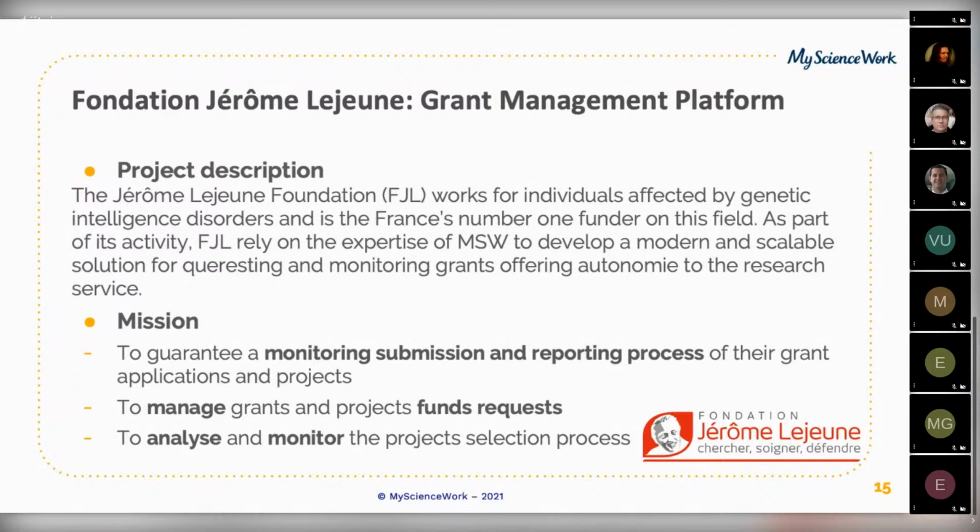So there were researchers who asked for grants to get the funds and do a project. And they needed a platform to monitor the submission and reporting process for them to obtain the grant, to manage the grants and the project funds requests, and to analyze and monitor the selection process.